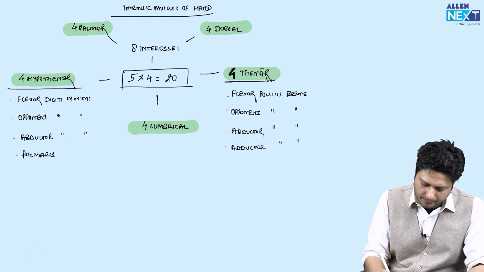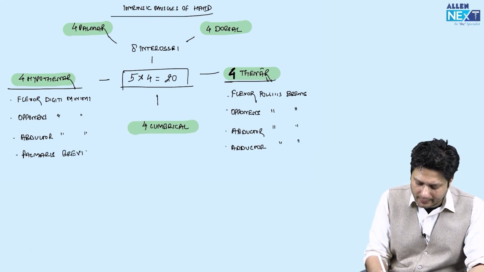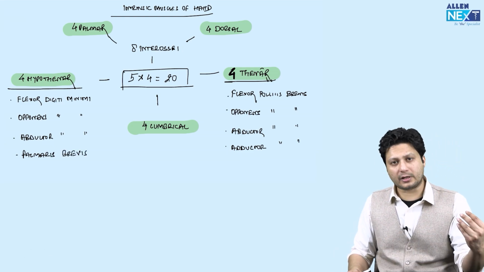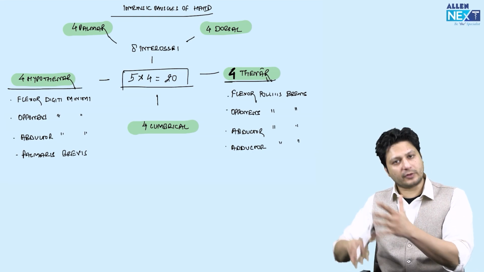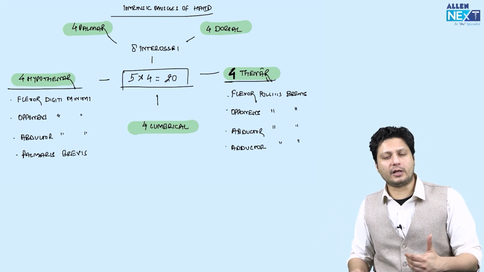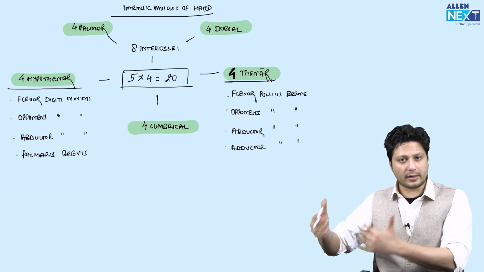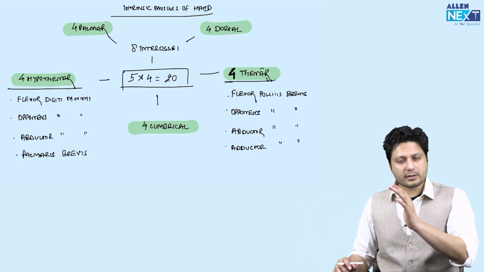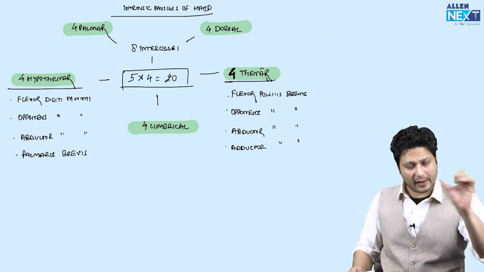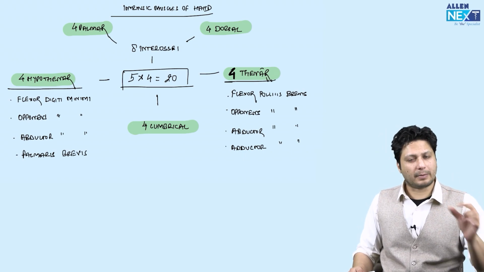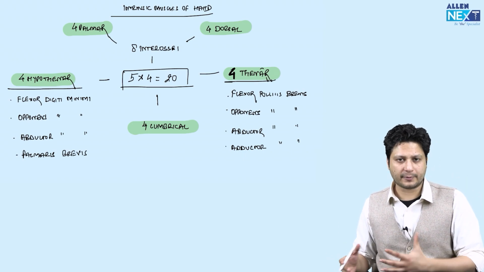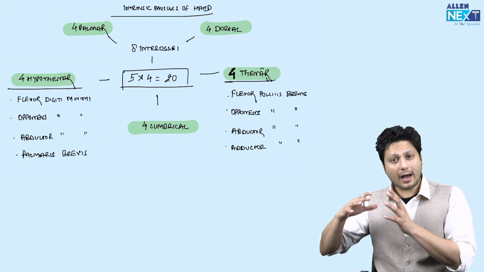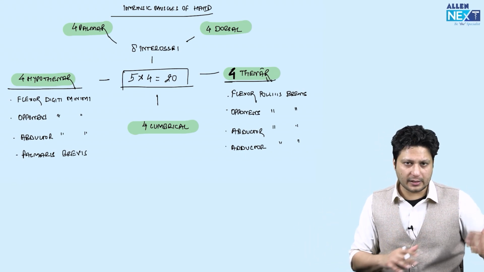It is not very difficult to remember the names of the hypothenar muscles if you have remembered the thenar muscles. The thenar muscles are flexor, opponens, abductor and adductor. Similarly, the hypothenar are flexor, opponens, abductor, but the last one is different, that is palmaris brevis. So these are the names of the muscles in the thenar and hypothenar groups.